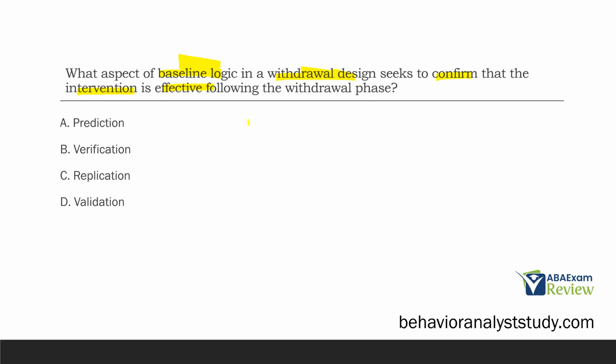Verification verifies our prediction of baseline. So that only leaves us with replication. Replication is when we withdraw our intervention and then replace the intervention, put it back so we can replicate, hopefully, our findings. So what aspect of baseline logic seeks to confirm the intervention is effective following the withdrawal phase? It's going to be C, replication.